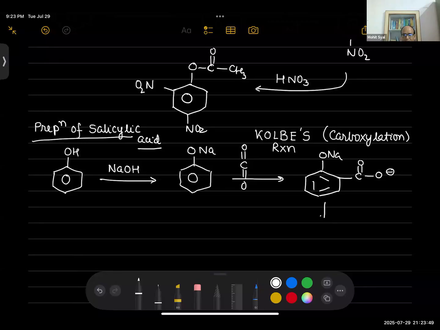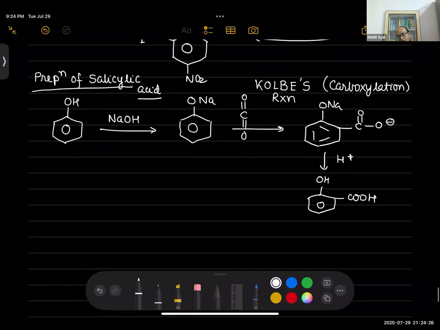And upon acidification, it becomes OH and COOH. Got it? Is it clear to everyone? So this is the preparation of salicylic acid.